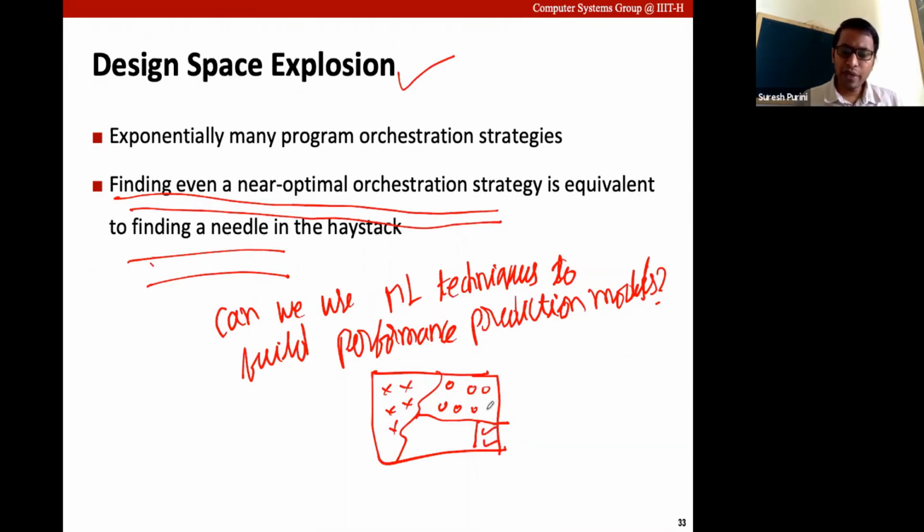Then if we can narrow down to a few important strategies, we can actually run our program using these strategies and pick the best one. Mapping our program in different ways and running it in all possible ways is not going to happen. It's an extremely expensive job.